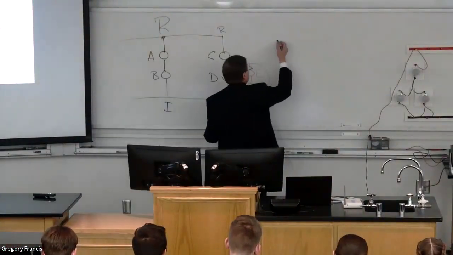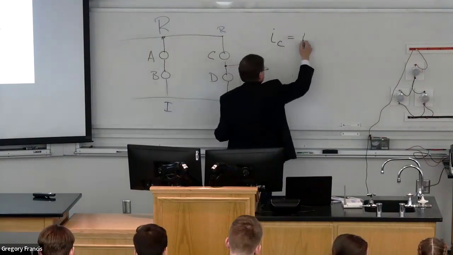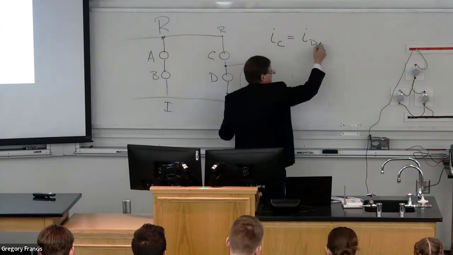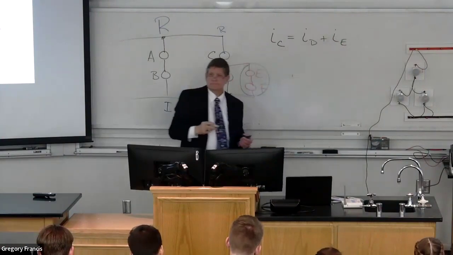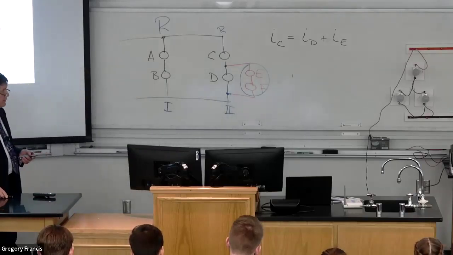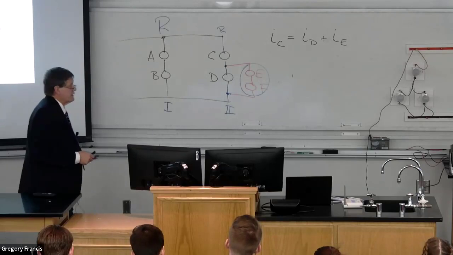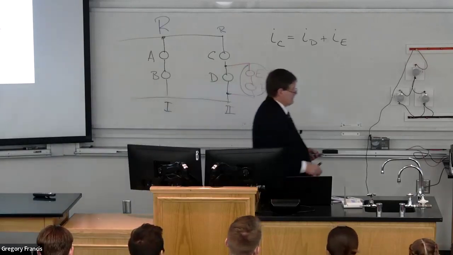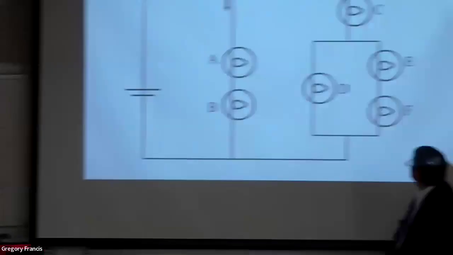And so one way of writing that mathematically is that the current through C is equal to the current through D plus the current through E. Okay? And so that means that D has to be brighter than E. Now you could also justify, I'm sorry, C has to be brighter than D. I got ahead of myself. Okay? C has to be brighter than D. It's an all versus part argument.